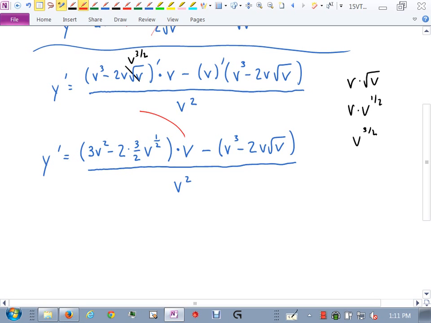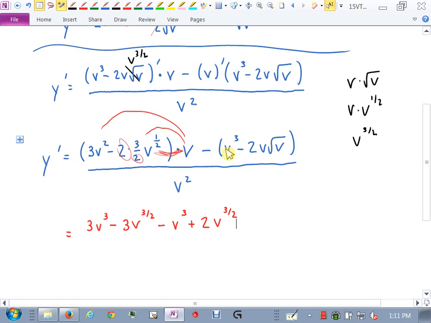Now I will distribute the v through here. We have 3v cubed minus 3v to what power? Three halves, right? When you multiply this v and this v to the 1/2 together, you add the exponents. 1/2 plus 1 is 3/2. The 2's there canceled. Then I still have minus v cubed, now plus 2v to the 3/2.